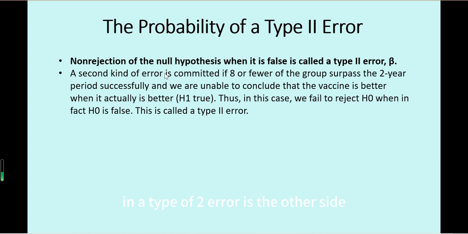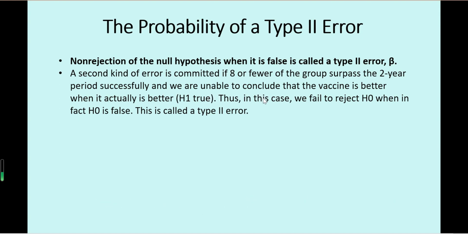And a type 2 error is the other side. It is the non-rejection of a null hypothesis when it is actually false. In the last example, if we set 8 as the critical region, and only a few of the group survive the 2-year period, then we will not reject the null hypothesis.